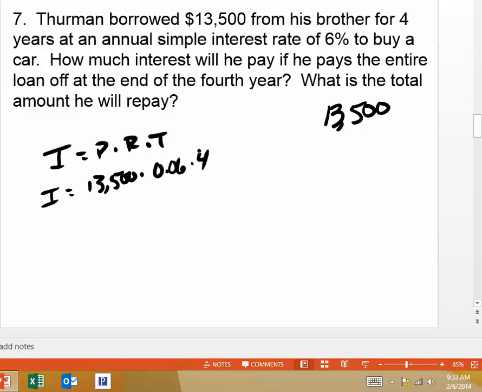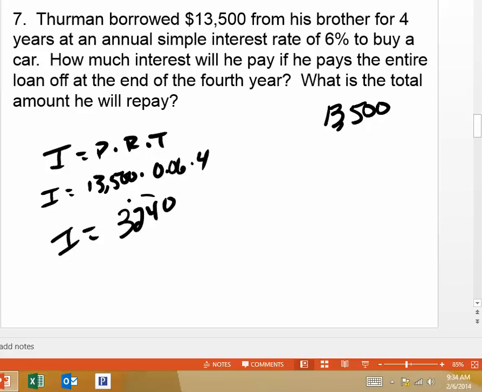So we multiply $13,500 times 0.06 times 4, and it comes out to $3,240.